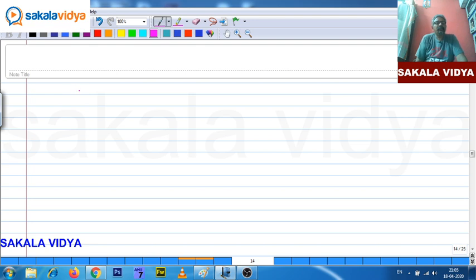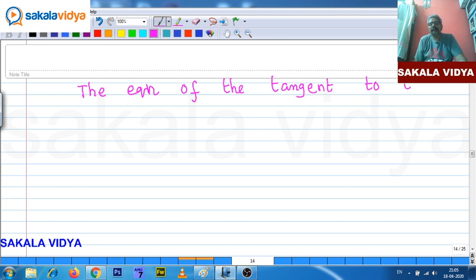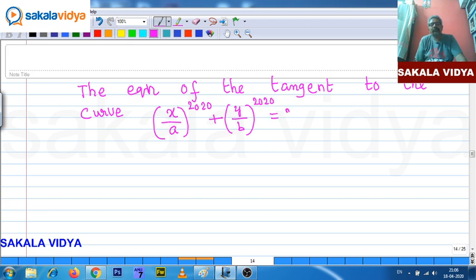For example, one question I will give. The equation of the tangent to the curve (x by a) whole to the power of 20 plus (y by b) whole to the power of 20 is equal to 2 at a comma b.